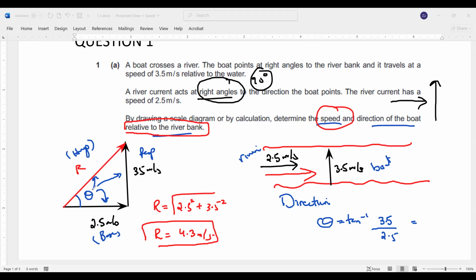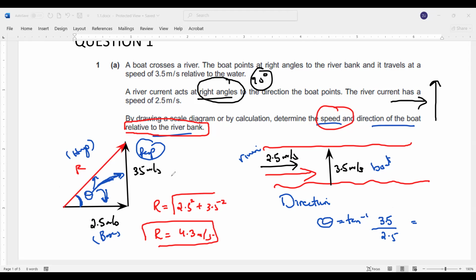We need the angle relative to the river bank, if you see the question. So we need this angle. Opposite to the angle is the perpendicular, next to the angle is the base, and then the hypotenuse. So tangent theta is perpendicular over base. The perpendicular is 3.5, divided by adjacent.